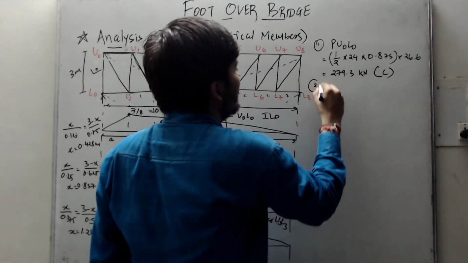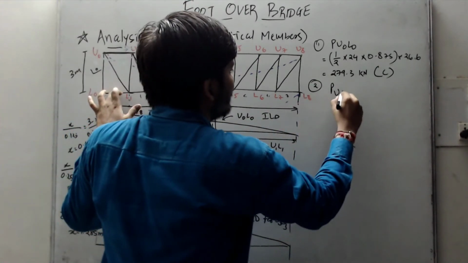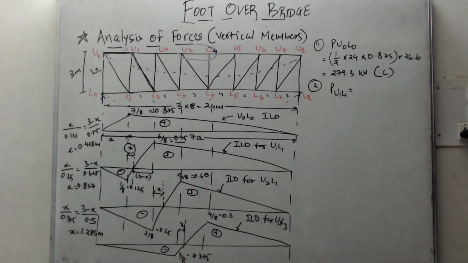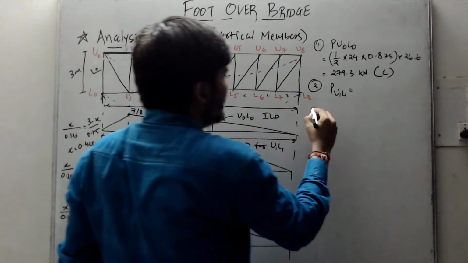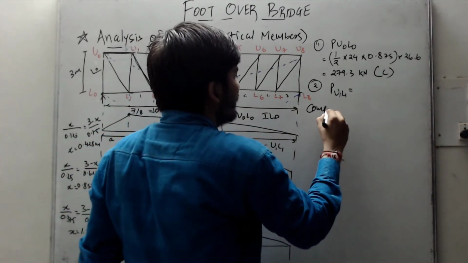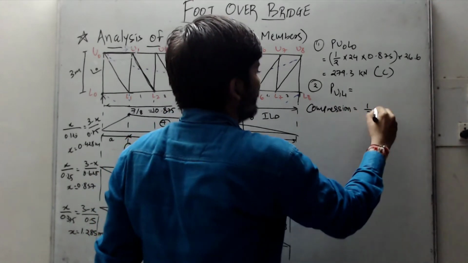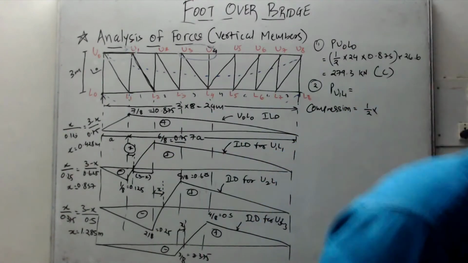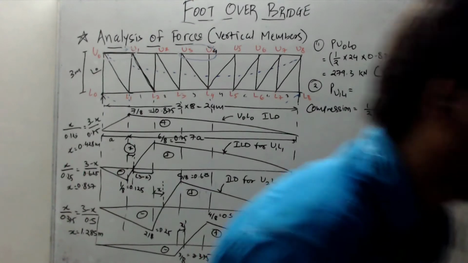Second, let us calculate PU1L1, force in U1L1. So again, there are two areas here. One is the compression area, second is the tension area. So let us calculate first. Compression area is 1/2 multiplied by base into height.